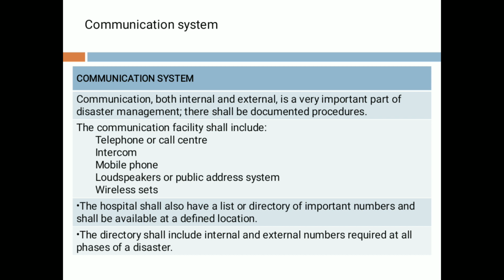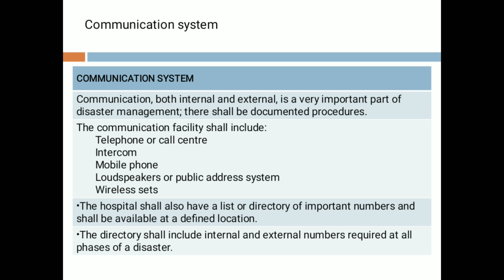Communication system. Communication, both internal and external, is a very important part of disaster management. There shall be documented procedures. The communication facility shall include telephone or call center, intercom, mobile phone, loudspeakers or public address system, wireless sets.